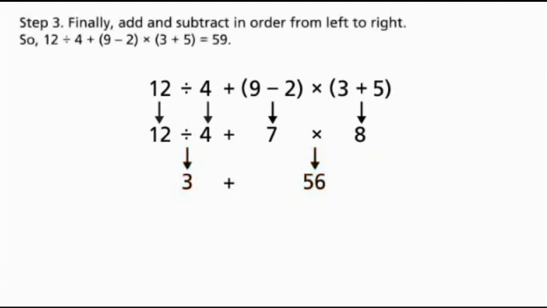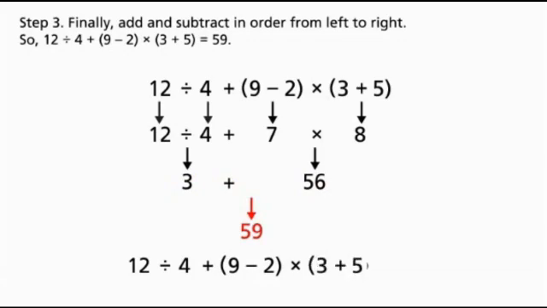Step 3. Finally, add and subtract in order from left to right. So, 12 divided by 4 plus the quantity 9 minus 2 times the quantity 3 plus 5 equals 59.